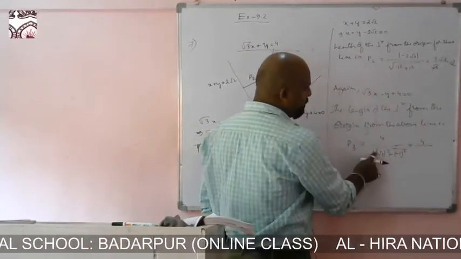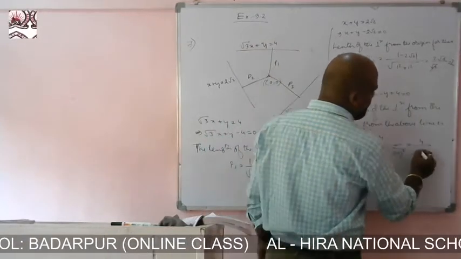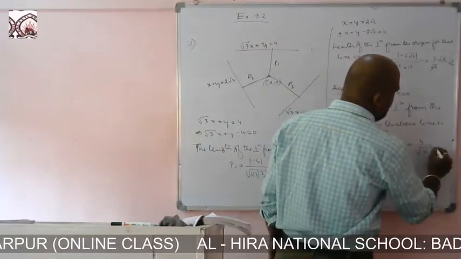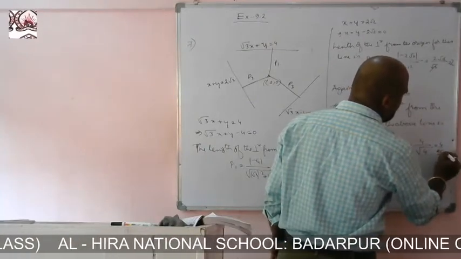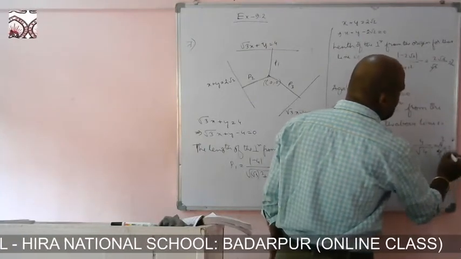Now what is the value of root 3 square? Root 3 square is 3. 3 plus 1 equal to 4. 4 by 2. This value is 2.